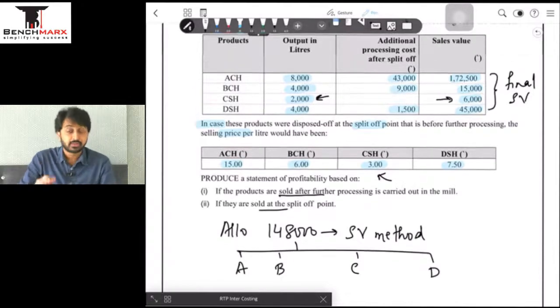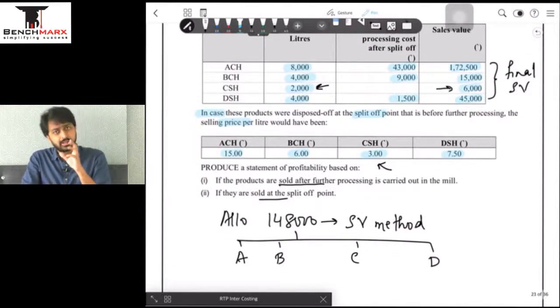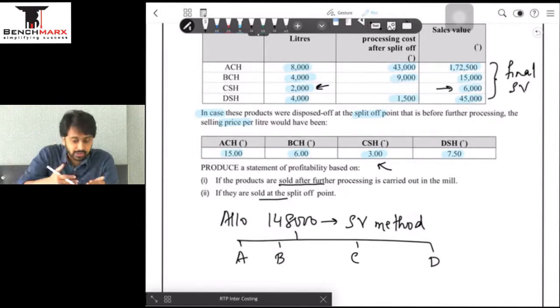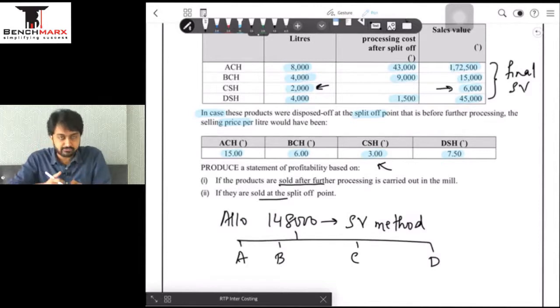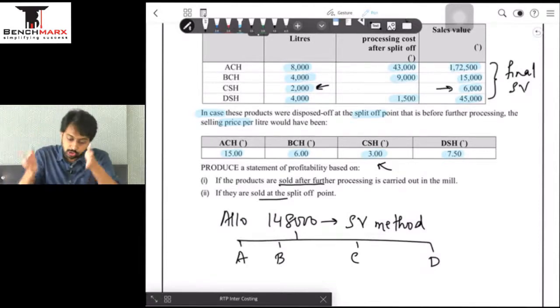And the sale value, can I say मेरे पास A, B और D के दोनों options available है. I can find the sale value at split off also and I can find notional also because we have the final sales value and we also have the post separation cost, which means दोनों option available है.